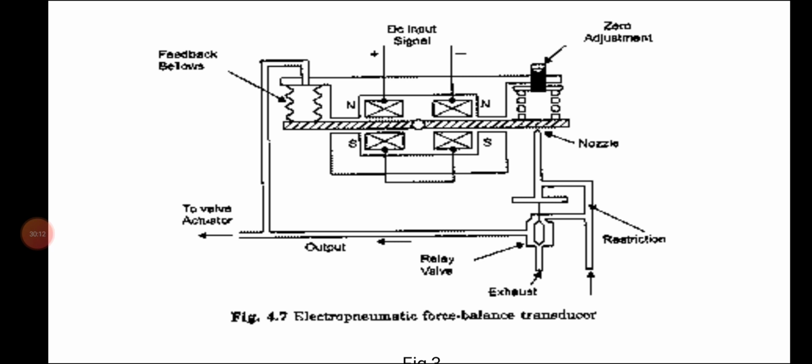A zero adjustment causes the flapper to move away from the nozzle, or it is attracted towards it, closing the nozzle. That causes variation of the output pressure.